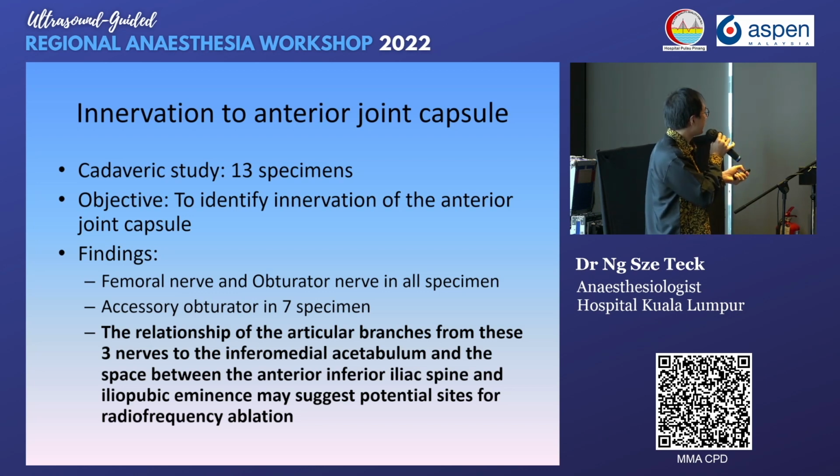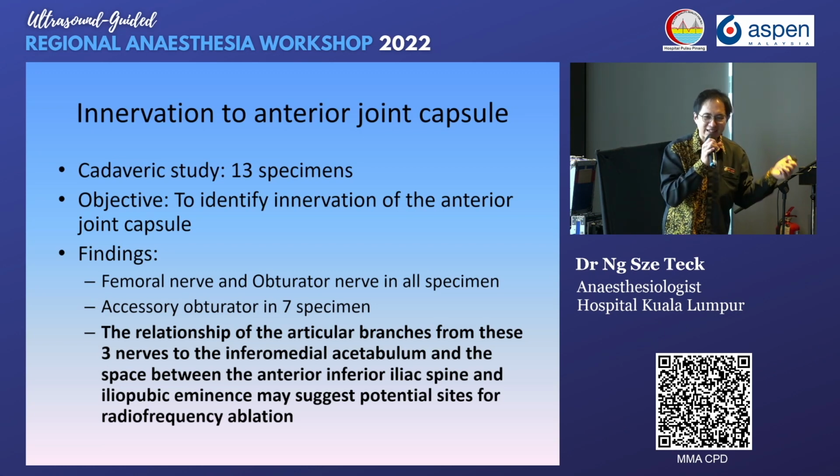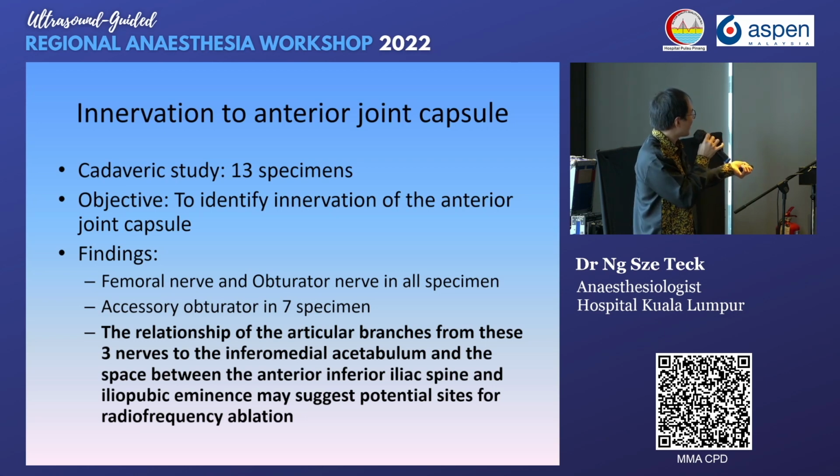They found that the femoral and obturator nerves, and to a certain extent the accessory obturator nerve, are present in the anterior hip joint. Another thing they found is that the articular branches of these three nerves all converge at the inferior medial acetabulum.